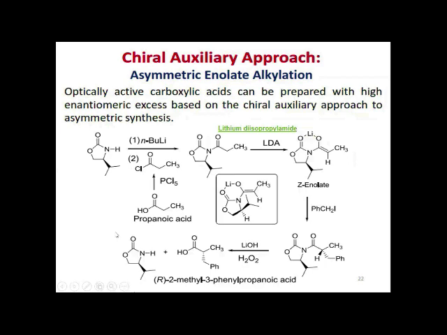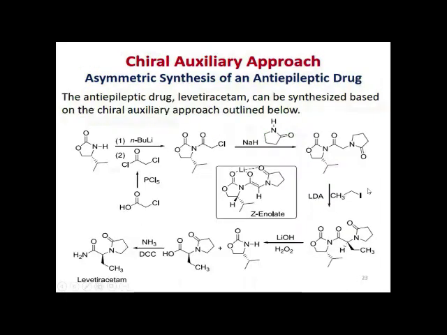Again we can use the same chiral auxiliary for other reactions, and in this way from propionic acid we can create the chirality at the second carbon. So this way we can use the chiral auxiliary to generate a chiral product.